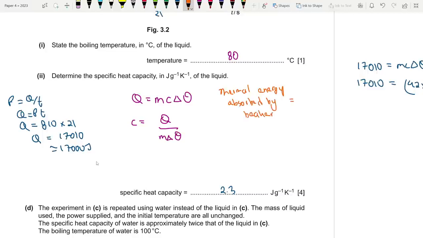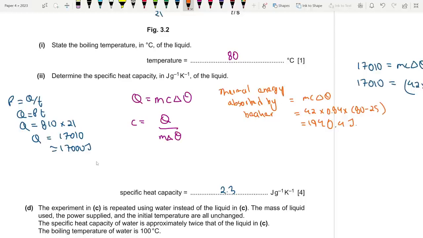This is equal to mc del theta. The beaker had a mass of 42 grams, a C of 0.84 and del theta of 80 minus 25, which is 42 times 0.84 times 55, 1940.4.